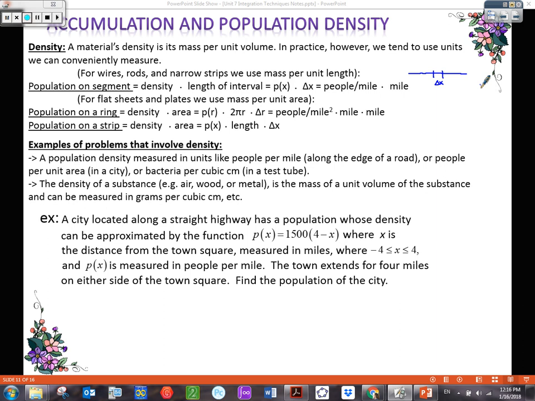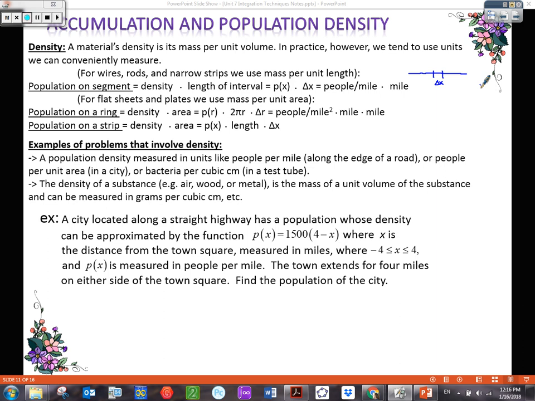So when we integrate density, we get number of people. If we wanted to discover population density in, say, Highland Park, University Park, we could count up all the people there are and divide by however many square miles it was, and that would tell us the density in general.